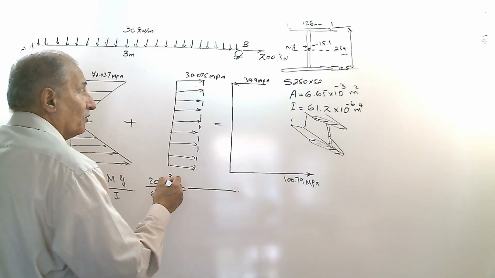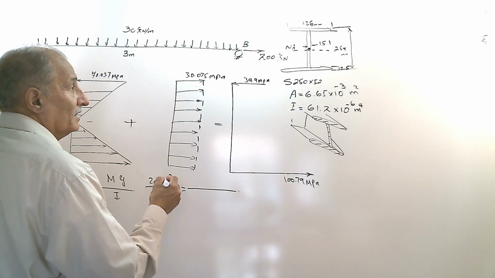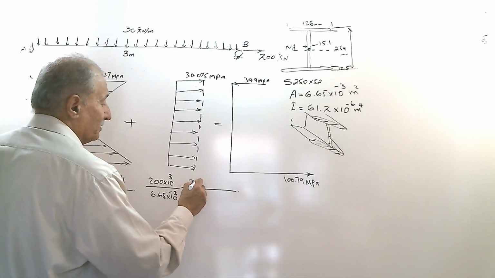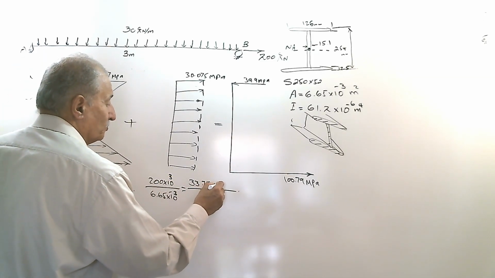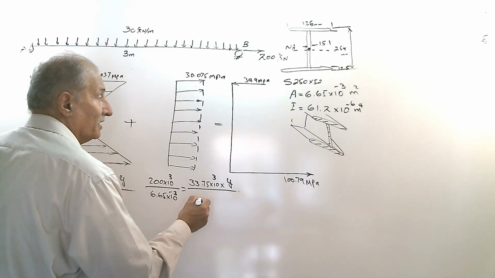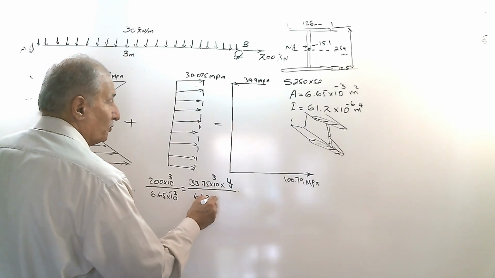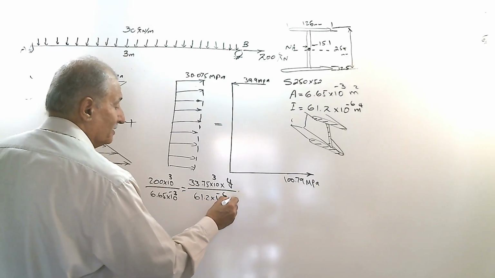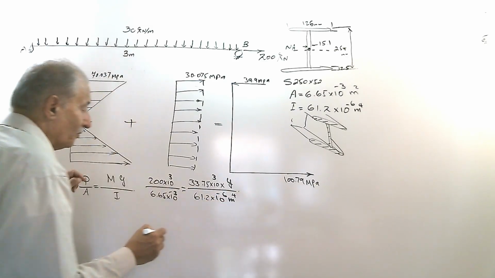M, we found that M was 33.75 times 10 to the power 3, times y, we are looking for that, divided by I, 61.2 times 10 to the power minus 6 meter to the power 4.